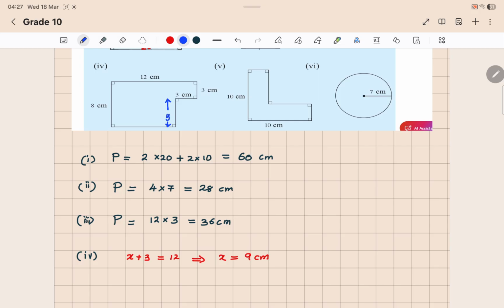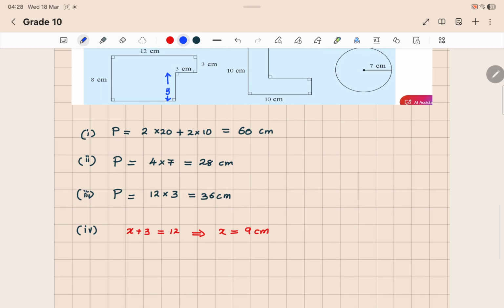So we can use what? 3 plus y is going to be equal to this length, 8 centimeters, right? So y plus 3 is going to be equal to 8. So then y is equal to what? Y is equal to 5 centimeters, right?